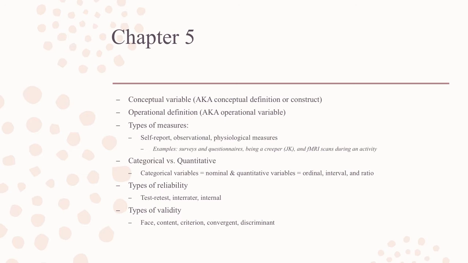And criterion validity, this one's a little hard for me to define as well, but criterion validity looks at the measure of a scale, for example, and tries to see if it's related to some tangible outcome.